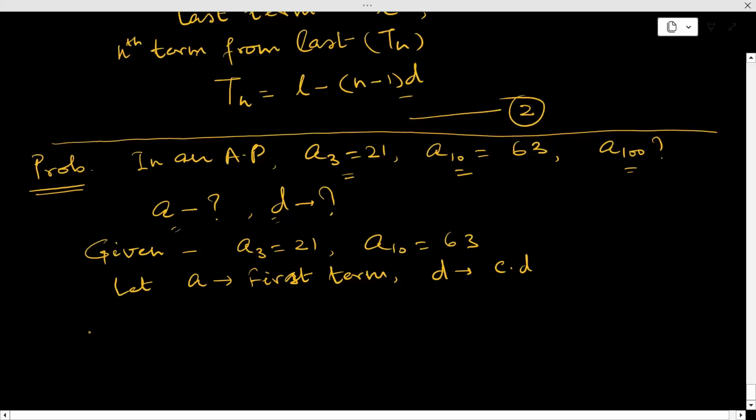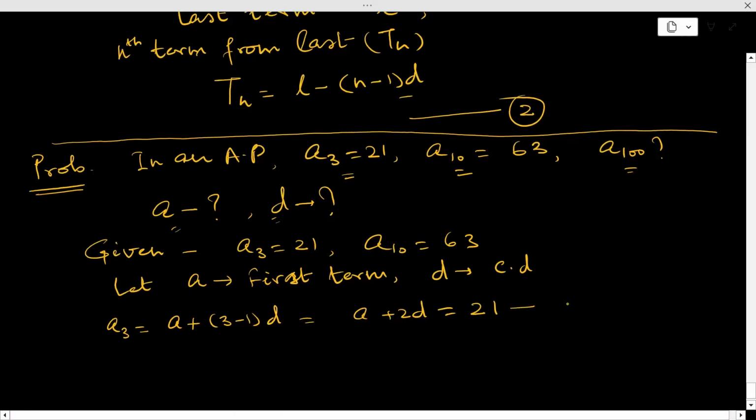Now we use the formula of the general term. A3 will be A plus 3 minus 1 into D. So this comes out as A plus 2D, which is 21.